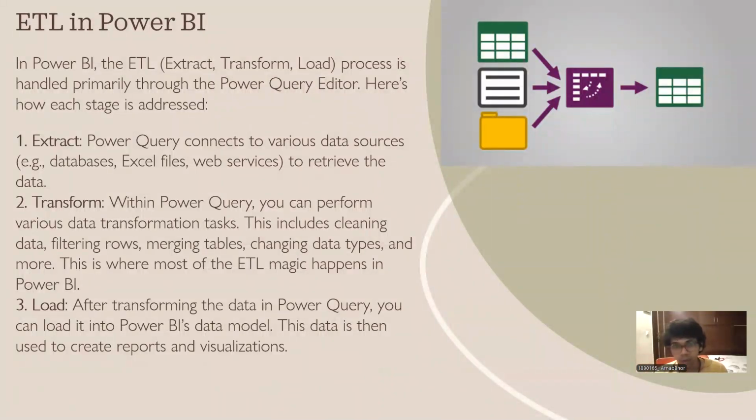Then we transform it within Power Query. Again, this was covered in the previous slide, so I'll not speak much on this. Finally, you load it in the data model. I know this is very theoretical, a lot of repetition. Don't worry, I'll come to a demo very soon just to do the due diligence here. House cleaning would be a better term.